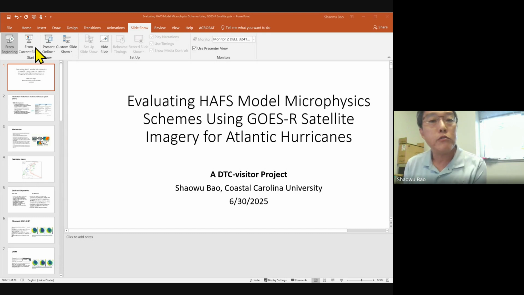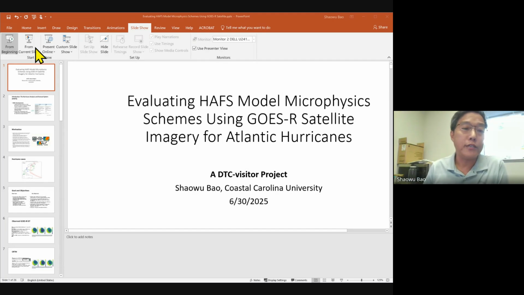So the HAFS model is the Hurricane Analysis and Forecast System. It's currently the NOAA operational hurricane forecast model. At the time of this project, there were two HAFS model configurations being considered for operational implementation.